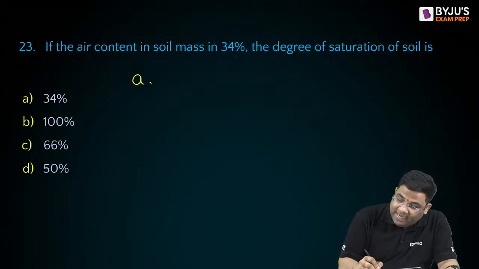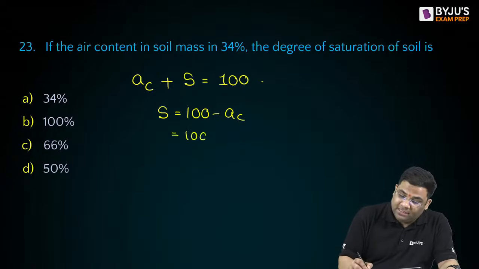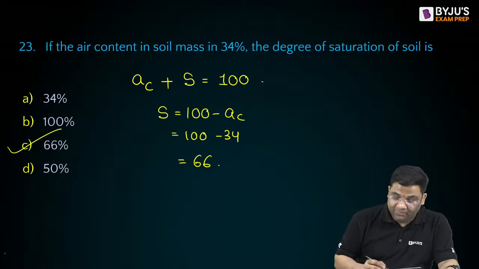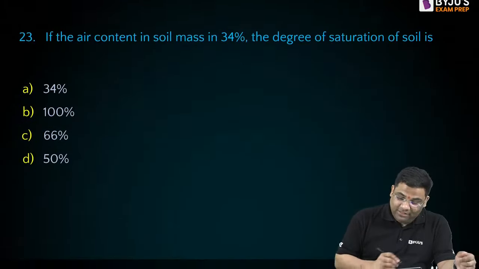Air content plus degree of saturation will be 100%. Remember this. So your degree of saturation is 100 minus air content, that is 100 minus 34, giving 66. All these are very straightforward questions, but yes, we miss them in the examination because we might not know the basic formulas. Let us solve the next question.